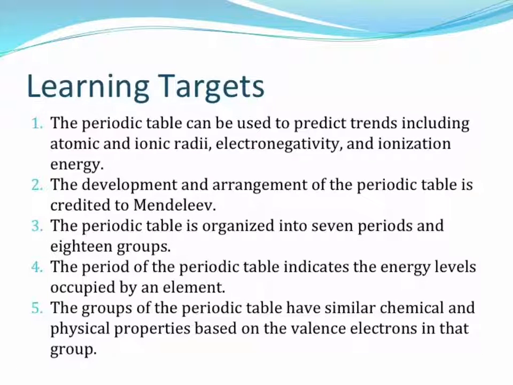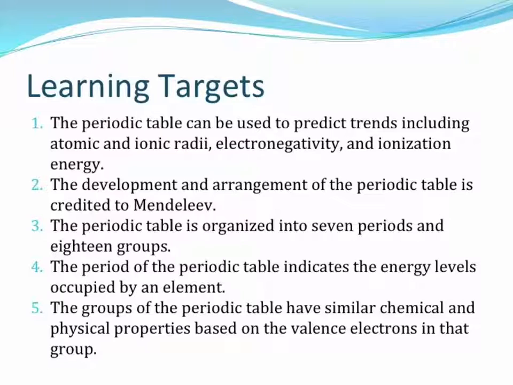A period on the periodic table indicates the energy level. So if we have 7 energy levels, then we have 7 periods. If they are successful in making this new element 119, then we'll go up to 8 periods. And then groups.